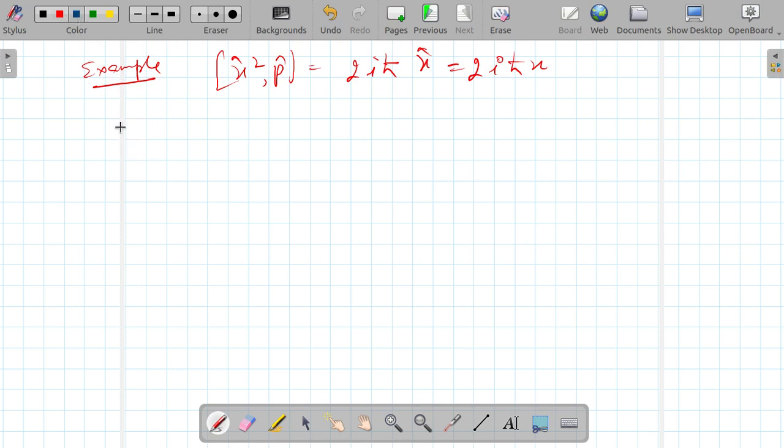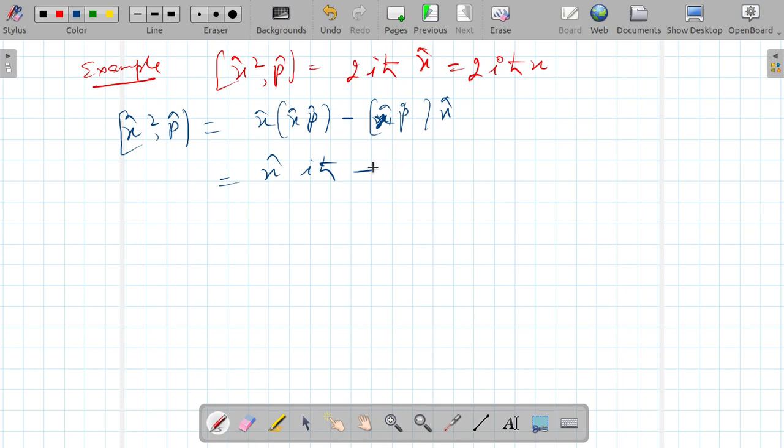So this [x squared, p] can be written as x[x, p] plus [x, p]x, and it is x i h-bar, and plus i h-bar x, and the eigenvalue of this is x.